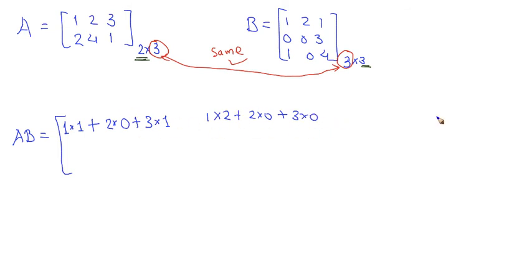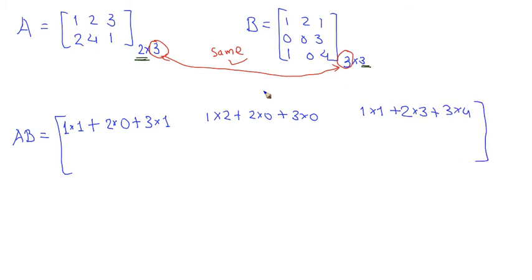Now first row, third entry: we take the first row of A and the third column of B. So 1 into 1, plus second entry 2 into 3, plus third entry of the row and third entry of the third column, 3 into 4.